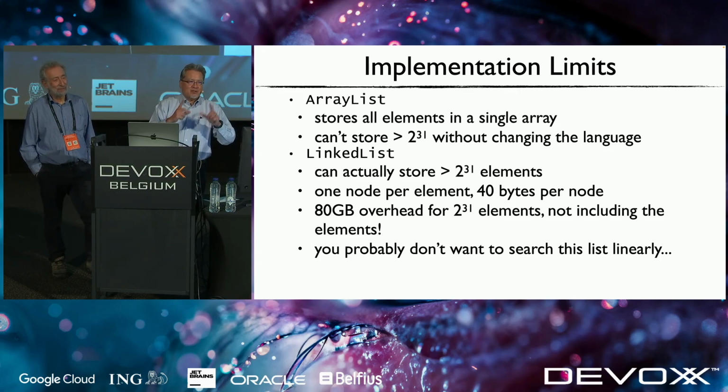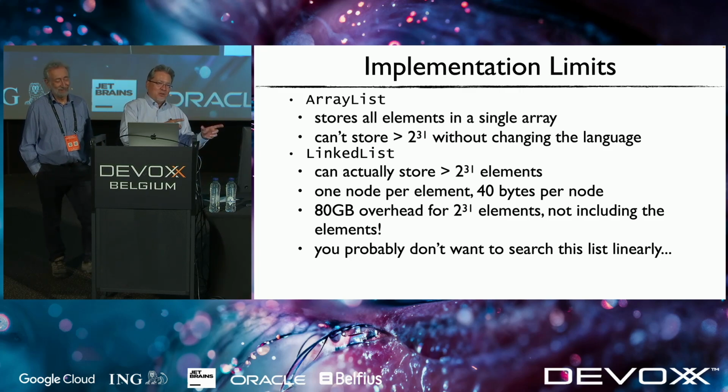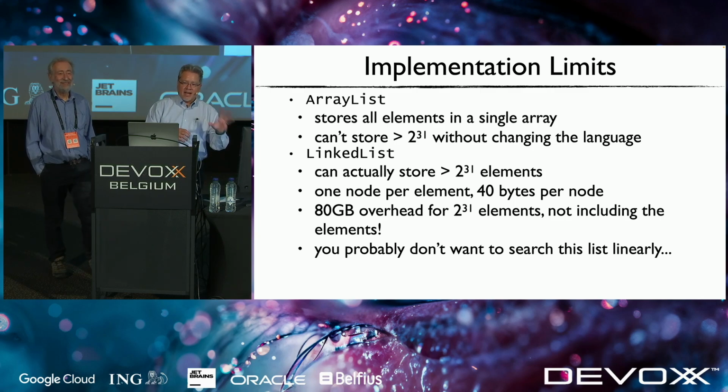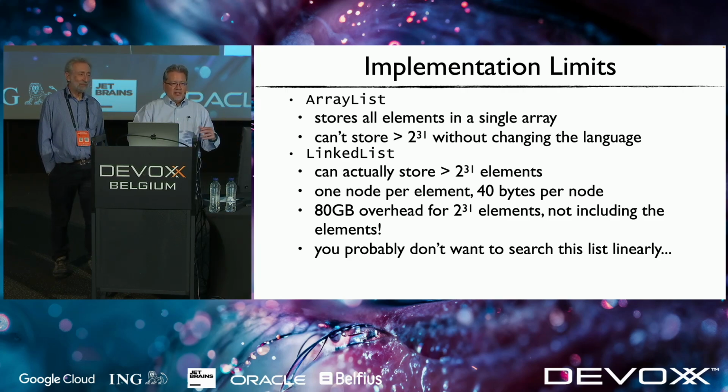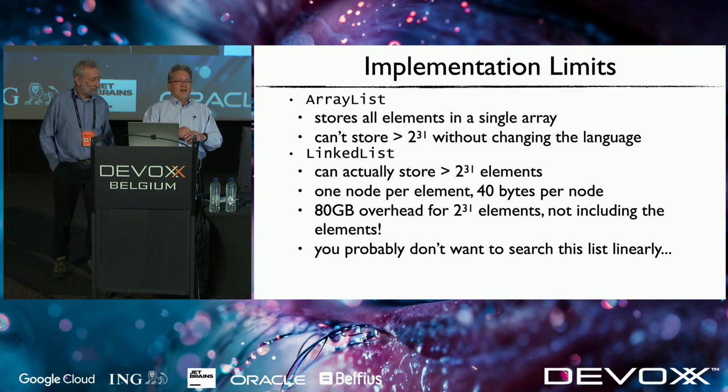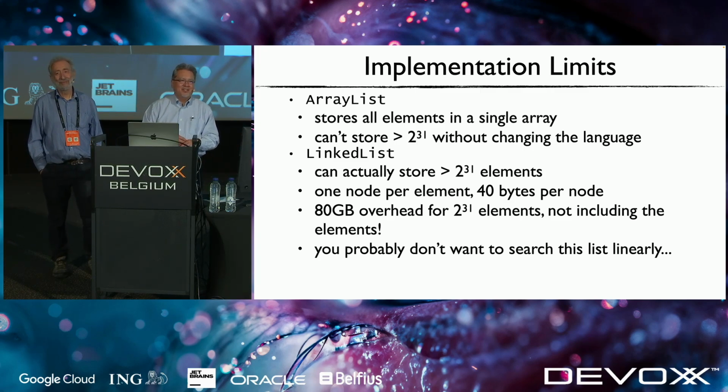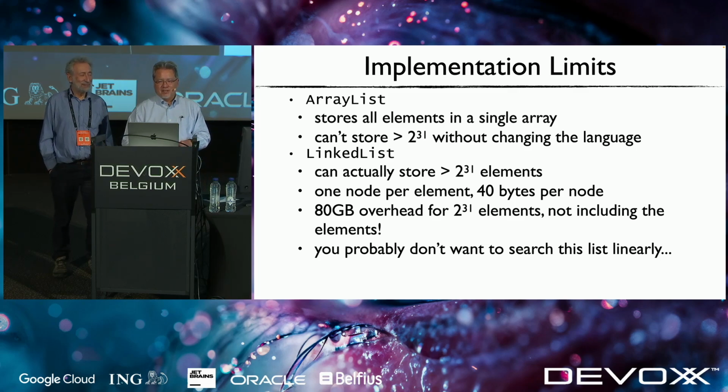And you actually haven't stored anything yet, right? That's exclusive of the actual elements you're trying to store. So the overhead is pretty high. But then the other thing is, what do you do with lists? Well, you could do something like indexOf. That means a linear search. You kind of don't want to search 2 billion elements using linear search.